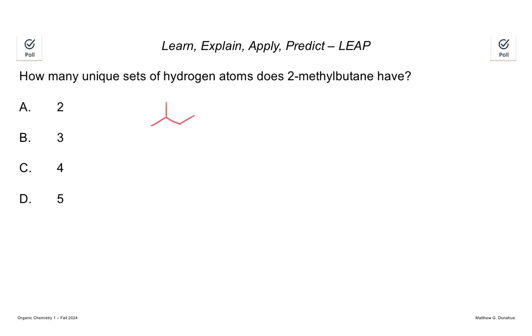So 2-methylbutane has 4 unique carbons, 4 unique sets of hydrogen. So 6 to 3 to 2 to 1.